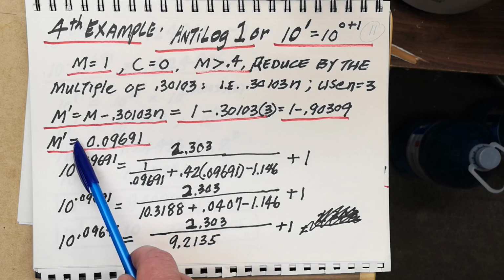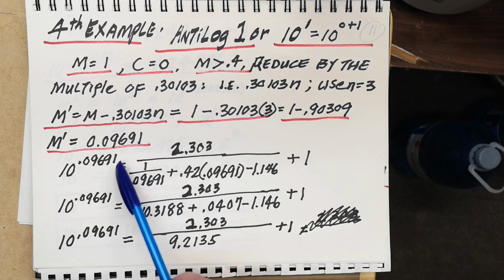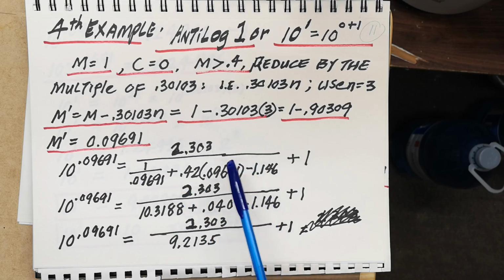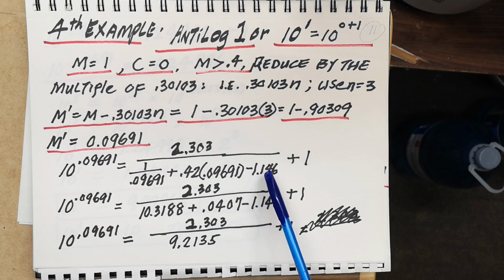So plugging this 0.09691 into the equation, 2.303 divided by 1 over 0.09691 plus 0.42 times 0.09691 minus 1.146 plus 1. Calculating that, we found that 10 to the 0.09691 equals 2.303 divided by 9.2135 plus 1.